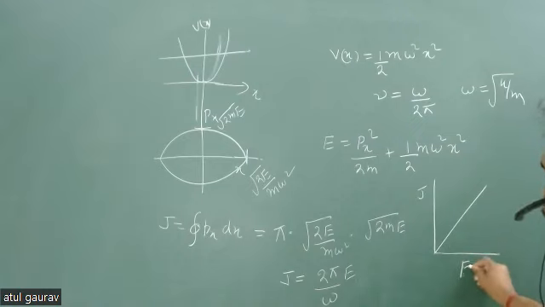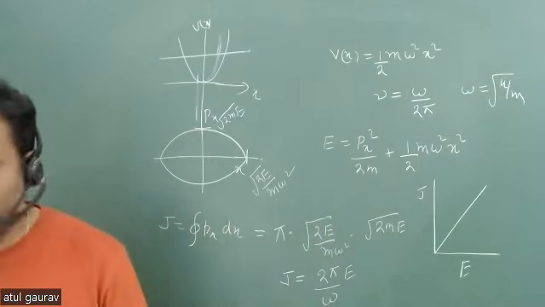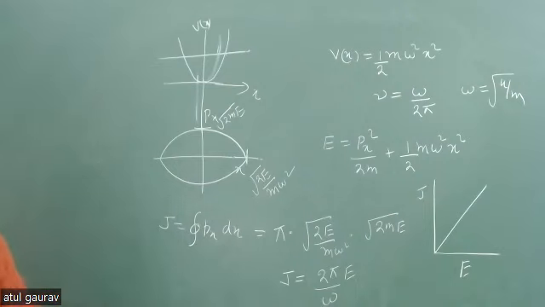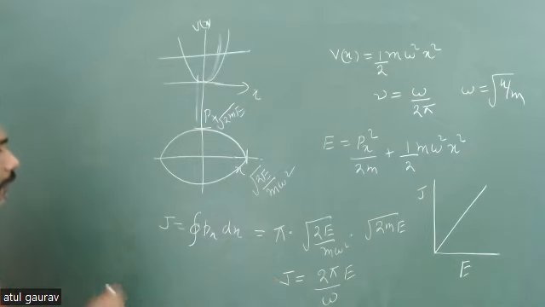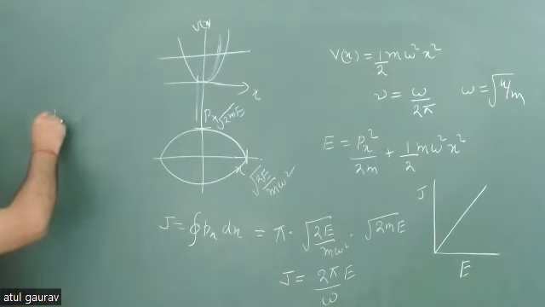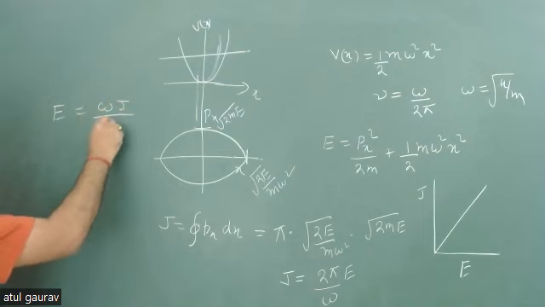This is also very interesting. This action angle variable versus energy is linear in nature. Now, we have to write E as a function of J. So E as a function of J is omega J upon 2 pi.